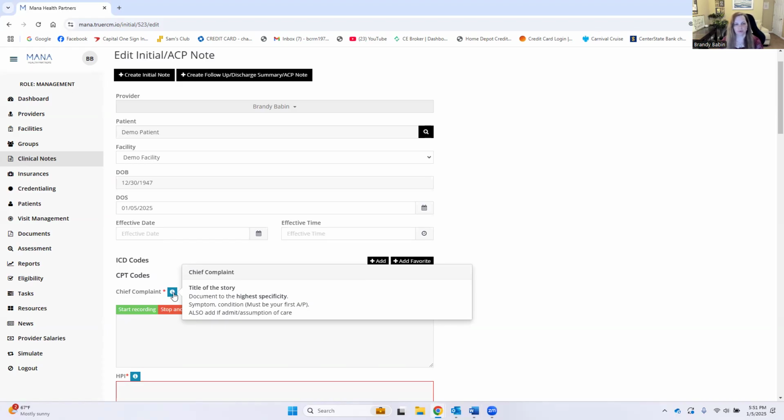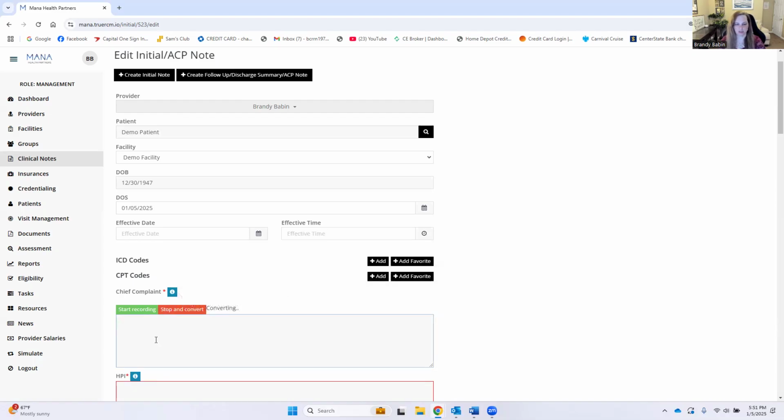You're going to write admission or assumption of care if it is an admission, readmission, or assumption of care, because this will be your initial visit. And then whatever symptom or diagnosis that the patient has. So this would be an ICD-10 code. So this patient is a new admission and the patient's diagnosis is diabetes.